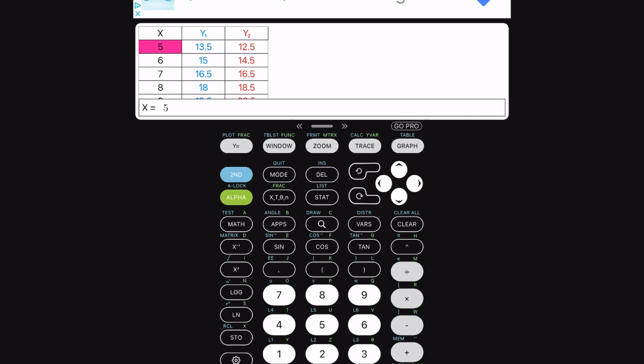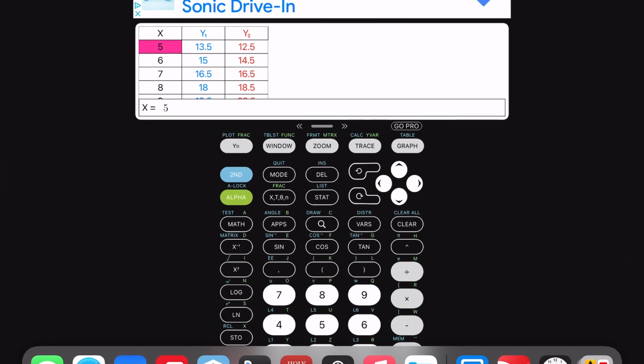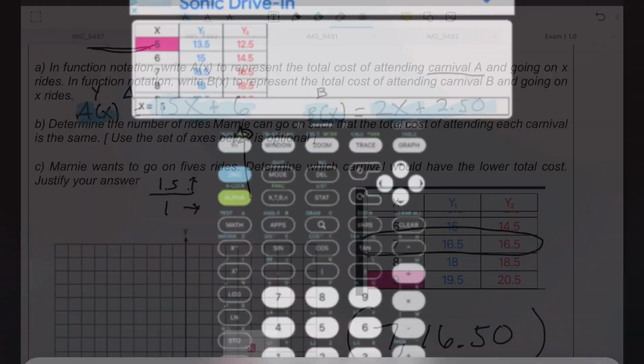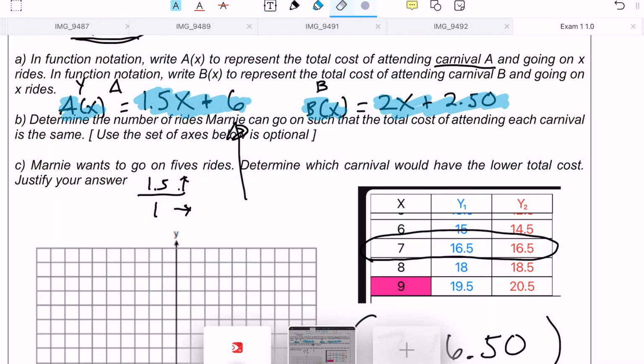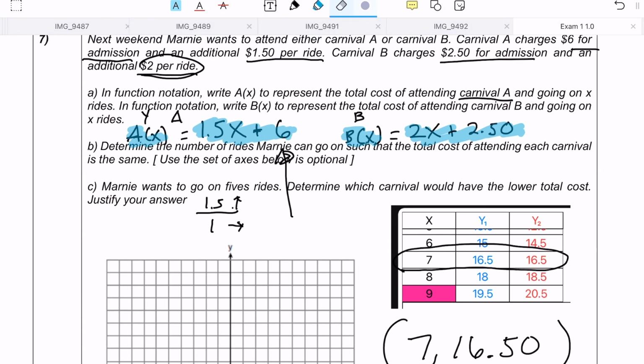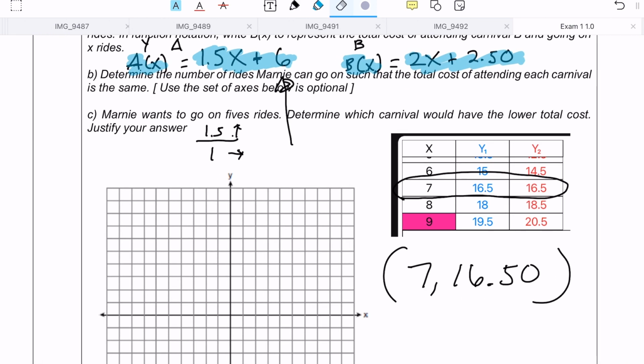So at Carnival A, sorry, this is part C here.